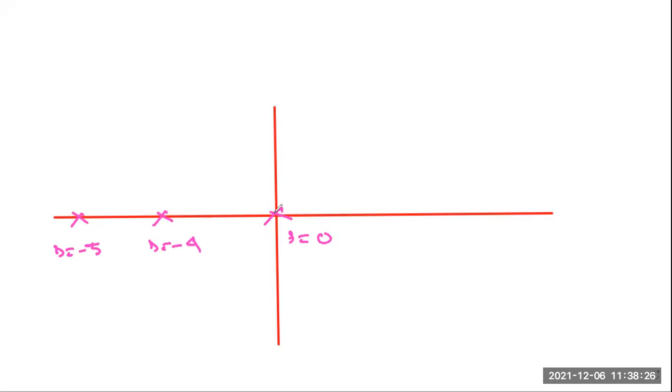If you take any point between s = 0 and s = -4, will the root locus lie in this portion, yes or no? In the section from s = 0 to s = -4, will the root locus exist or not?